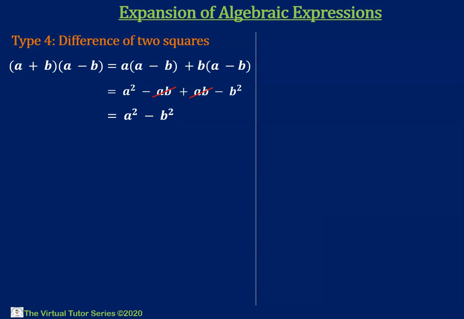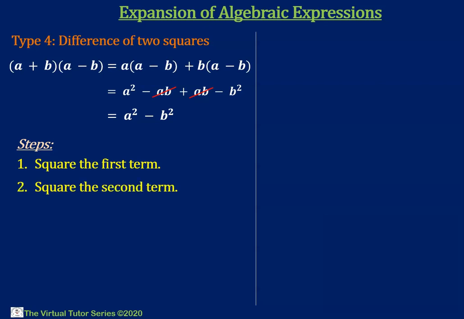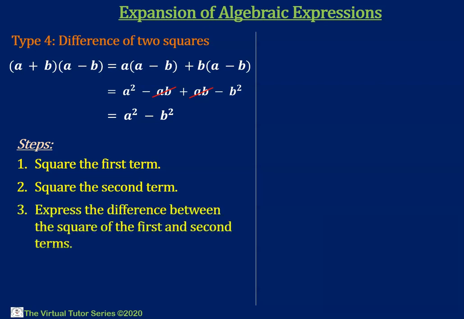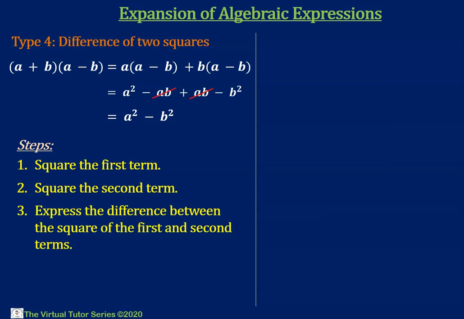The easiest way of expanding the factorized form of the difference of two squares is to, 1. Square the first term. 2. Square the second term. And 3. Express the difference between the square of the first and second terms.